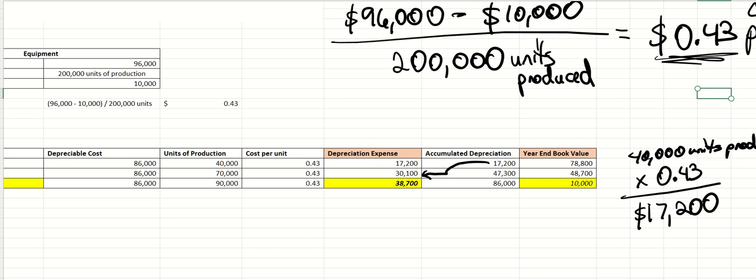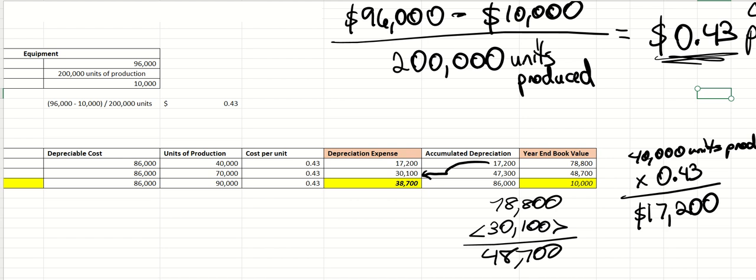For that book value, you can just take 78,800 from the end of year one, subtract out 30,100, and that gives you, making sure I'm doing this right, $48,700. That's the ending book value for year two.